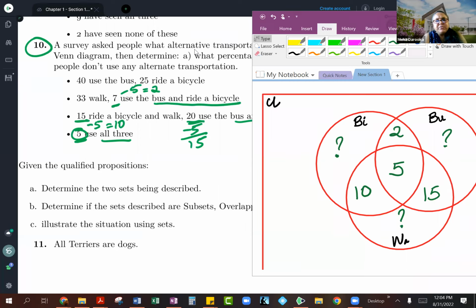Michael, it looks like you've left something out because your numbers are coming out to be incorrect. I would say check one more time. All right, let me see.